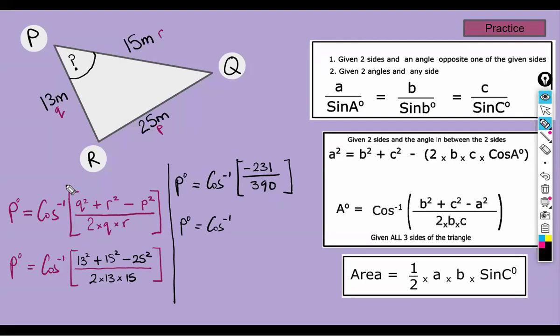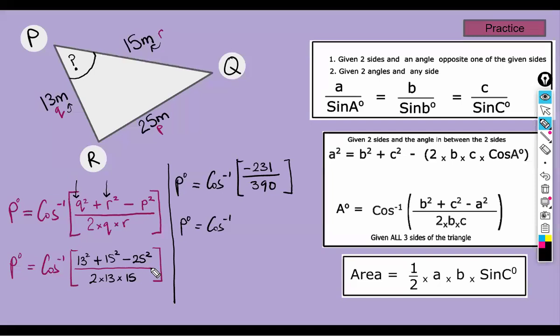Remember, according to the formula, the other two letters other than P go here. So if you put capital P here, the Q and the R, that's the only other two letters that go over here. And Q is 13 and R is 15. So that's why I put 13 and 15 here.